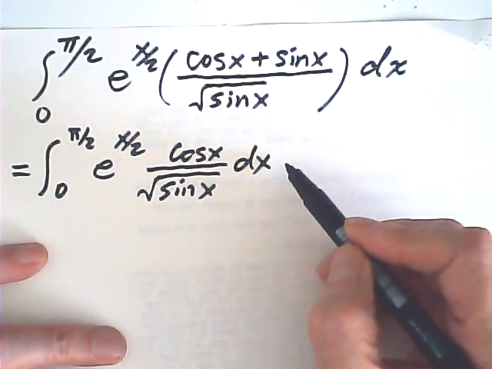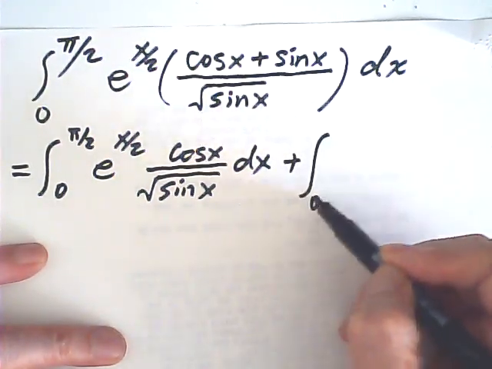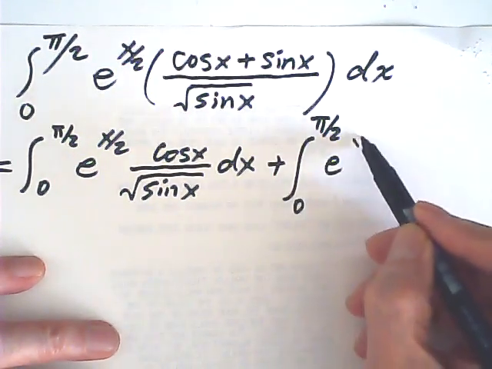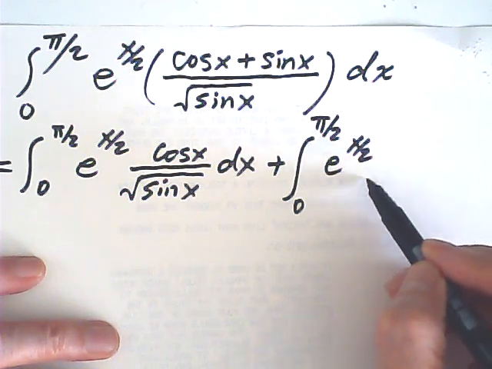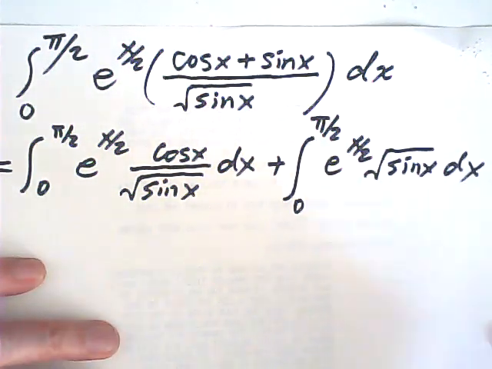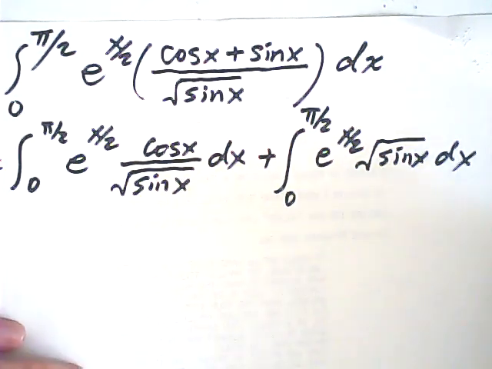The other one is plus the integral of e to the half x and square root sine x dx. Good.